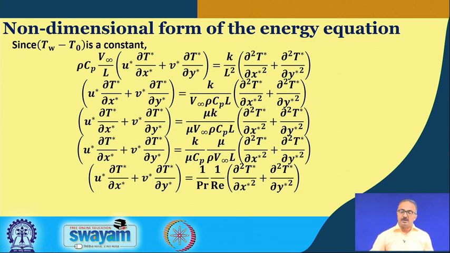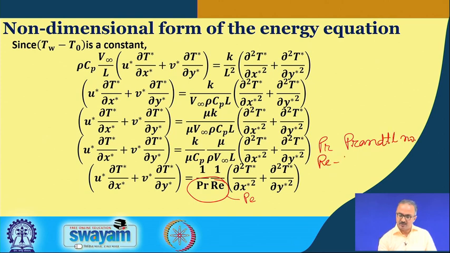Many a time we write in terms of the Peclet number, as this product appears so often. So, Pr is the Prandtl number, Re is the Reynolds number, and Pe is the Peclet number.